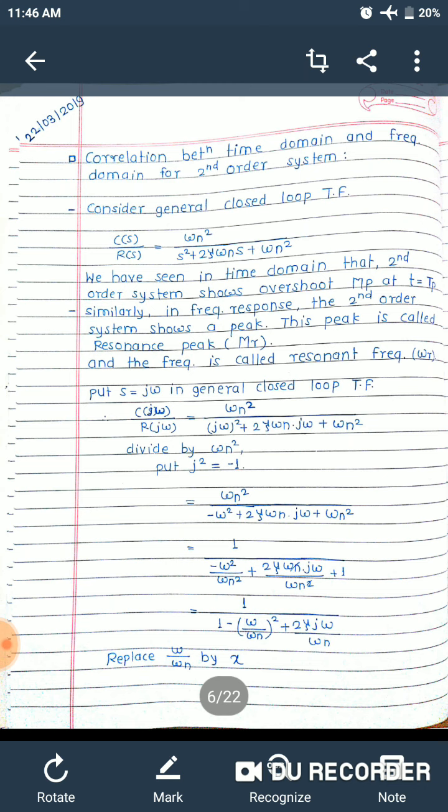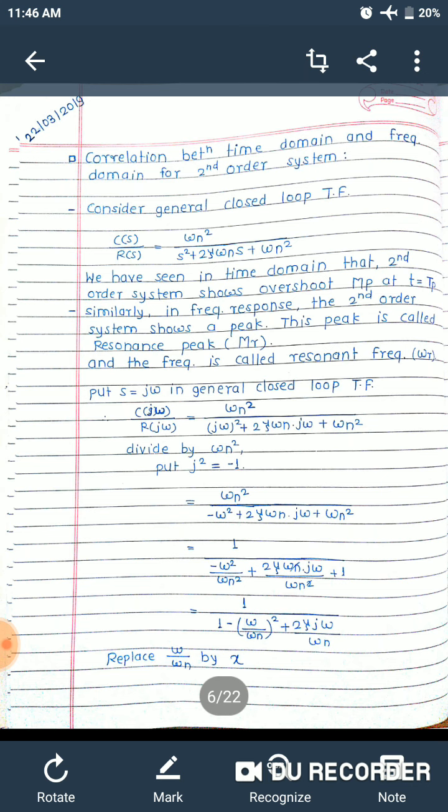Here we are going to discuss the relationship between the time domain and the frequency domain. For that purpose, we'll put s equal to j omega, so j square is equal to minus 1, and then we will divide by omega n square.